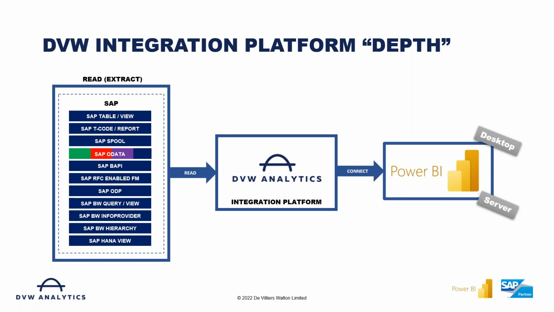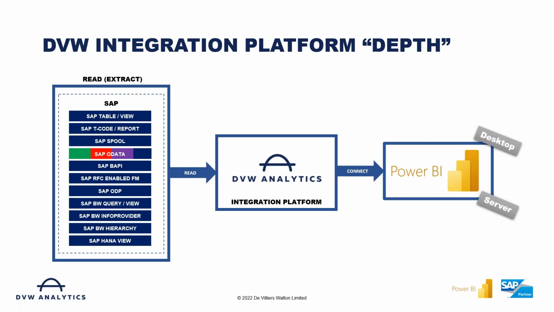That's the standard on that side of things. So we can connect into SAP OData services. More technically, perhaps, and used quite a lot on more substantial integrations, are SAP BAPIs or function modules that have been RFC enabled. We can connect into ODP.